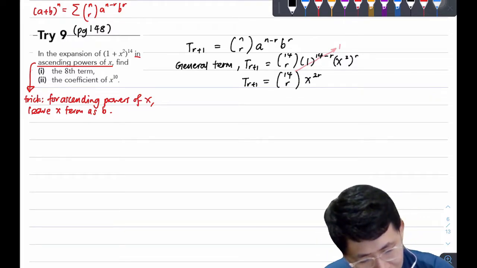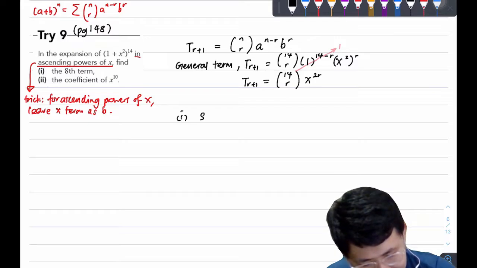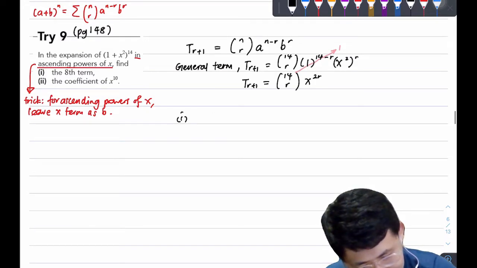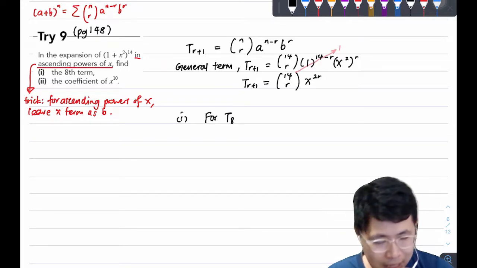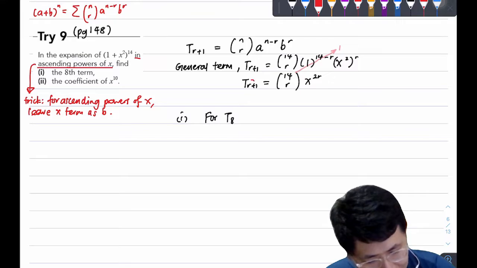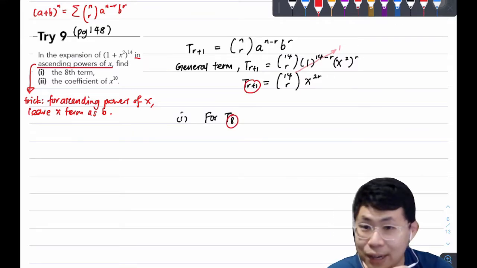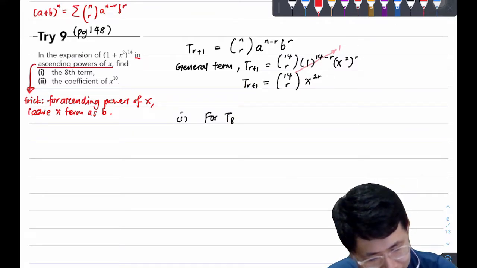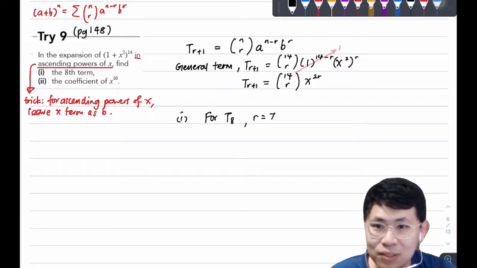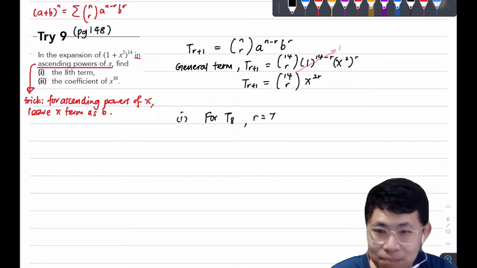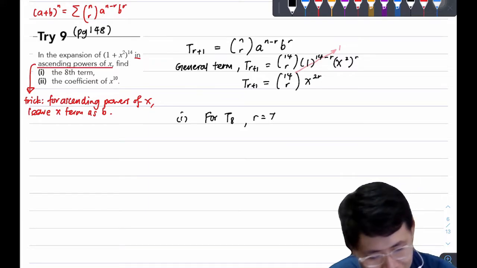So if we are looking for the 8th term, for T8, r plus 1 is equal to 8, correct? So this means that r is going to be equal to 7 in order for us to get T8. So r equals 7.